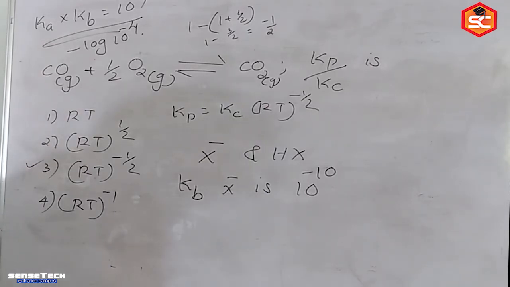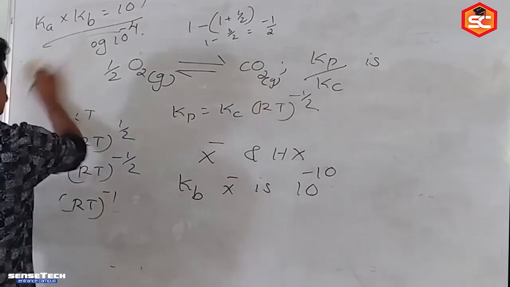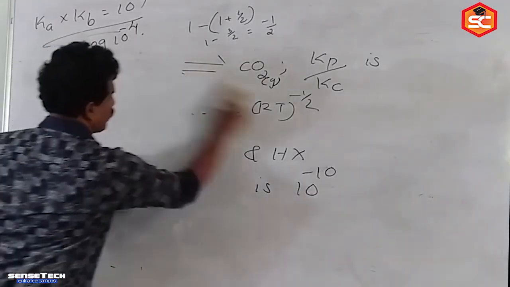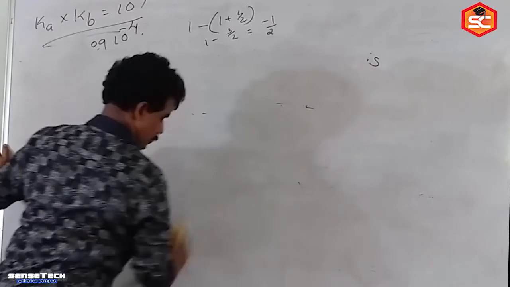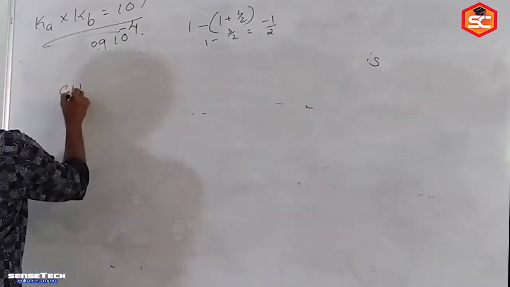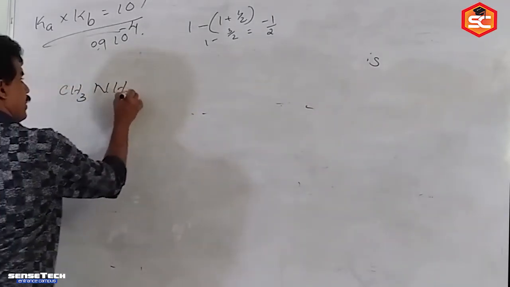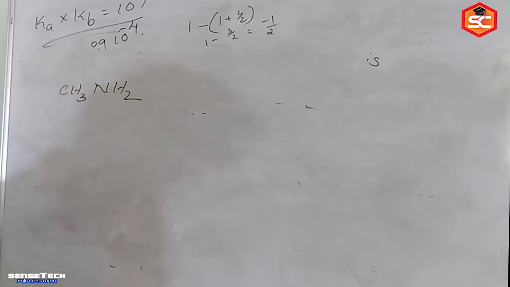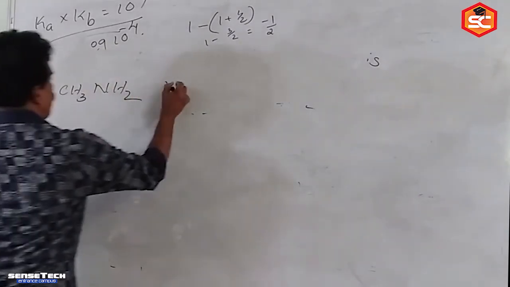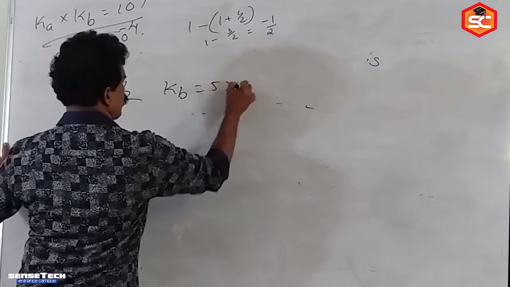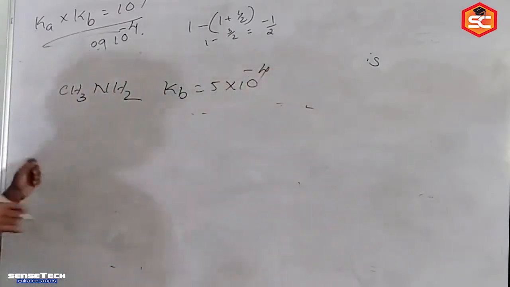Then the next question: 0.1 mole of CH3NH2, methyl amine. Kb is given, Kb is 5 into 10 to the power minus 4.